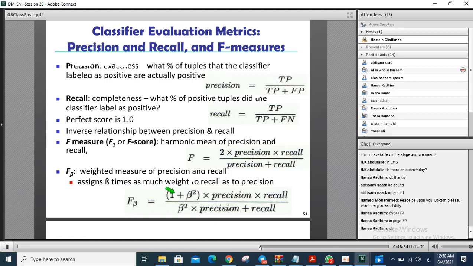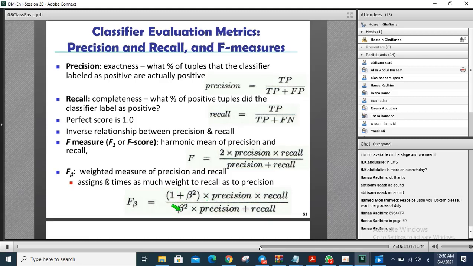The actual formula is 1 plus beta squared times precision times recall divided by beta squared times precision plus recall.